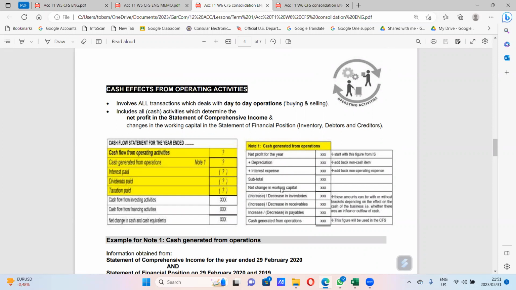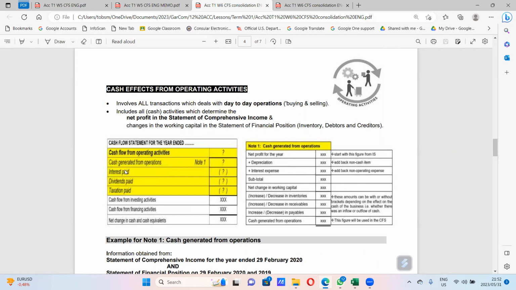And then you get the net change in working capital, where when the inventory decreases, it's a positive, because you didn't buy more. But let's deal with this in detail in the next lesson. I just want to concentrate on this for now. So you're going to have the note, and this total is going to come here. We call this cash generated from operations.